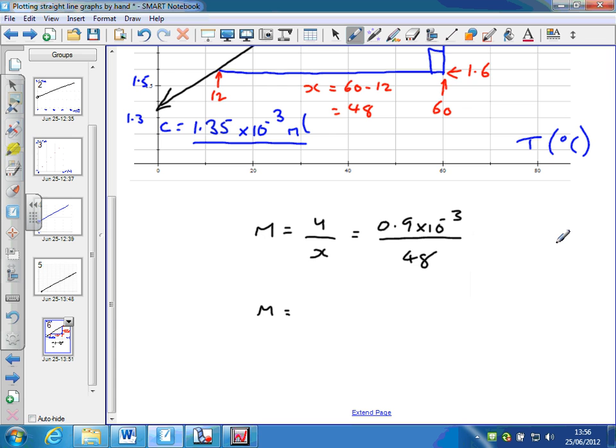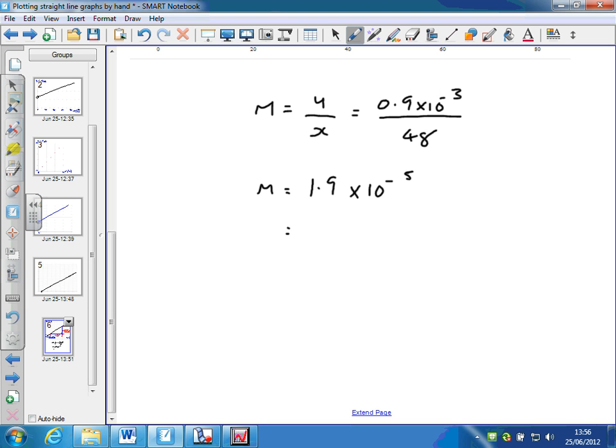So m equals, on my calculator, well, if I look at the figures I've put in, I've estimated those to about 1 or 2 significant figures, so there's no point writing it to more than 2 significant figures. 1.9 times 10 to the minus 5. In using engineering notation, it's got to be multiples of 3. So if I move it one more place to the right, that will be 0.19 times 10 to the minus 6 to 2 significant figures.